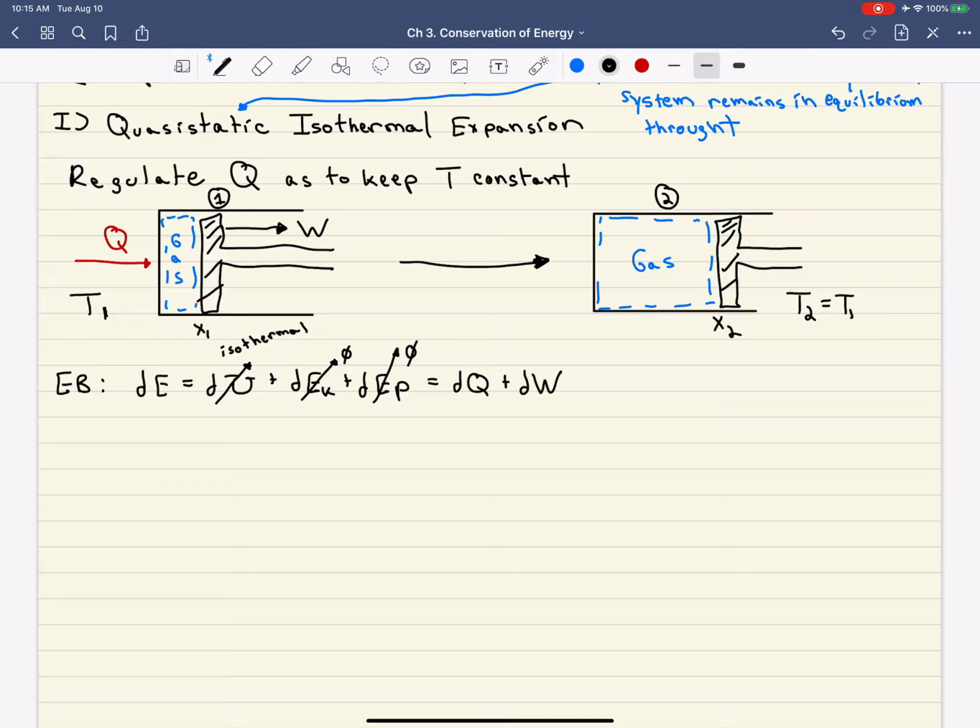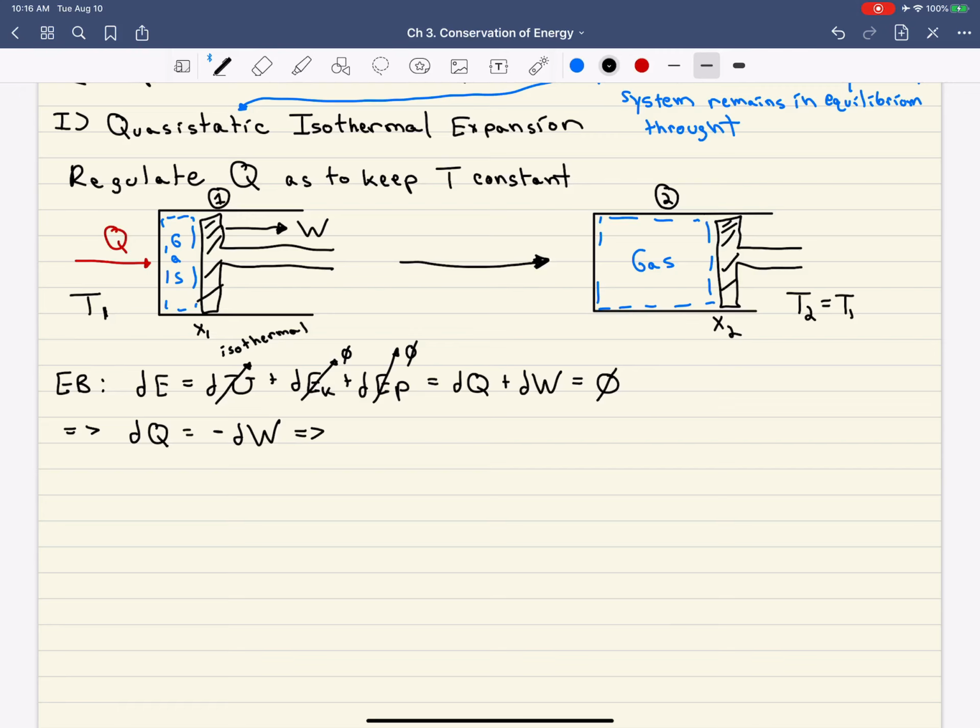And so what that means is that on the right-hand side, we had dQ plus dW. Because the left-hand side is 0, that means the sum on the right-hand side is also going to be equal to 0. We could then just manipulate the remaining terms so that we have dQ is equal to negative dW.